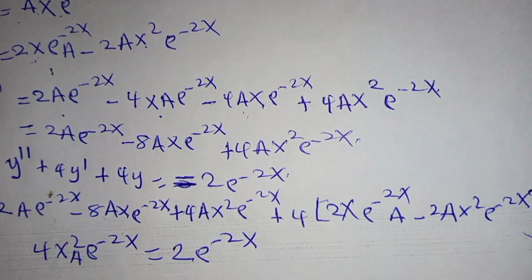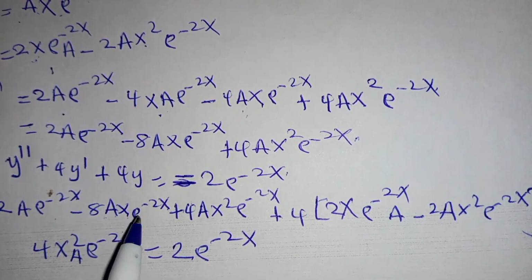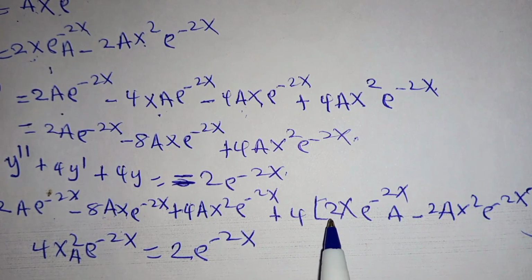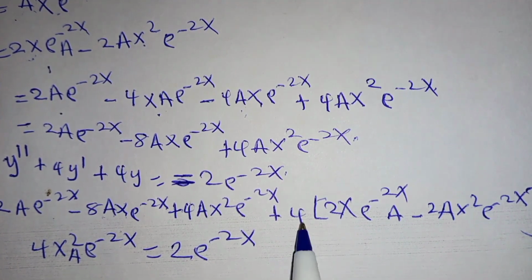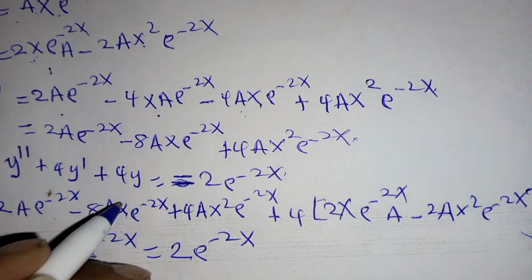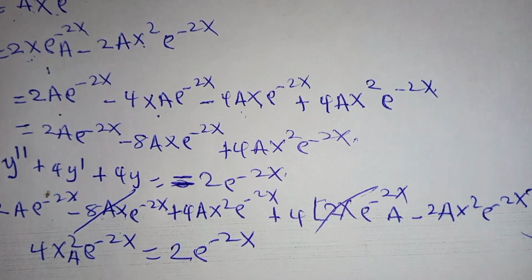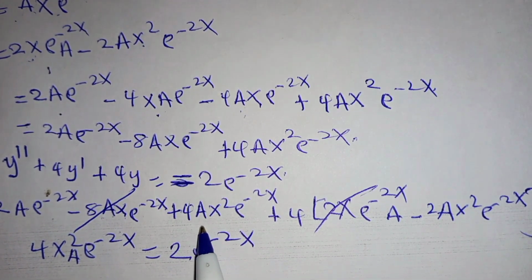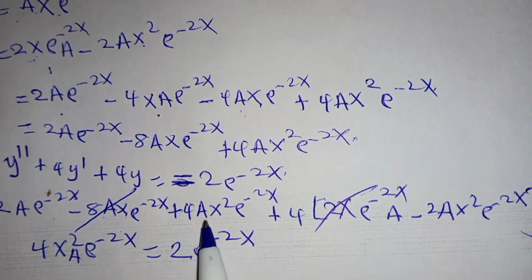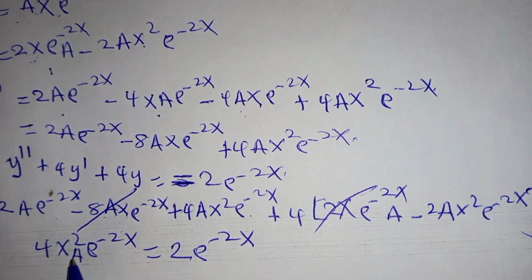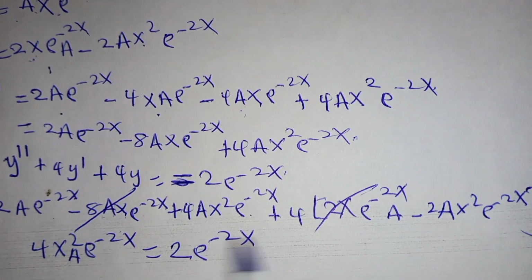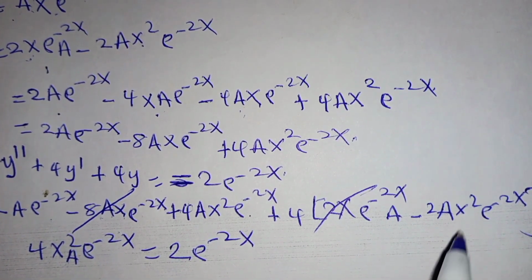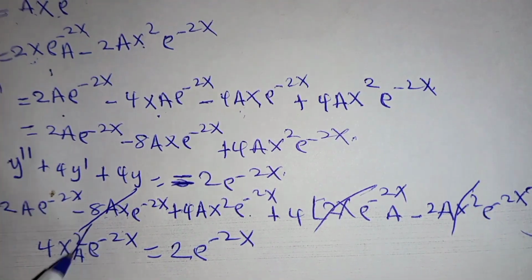When you observe this keenly, you have here 8ax exponential negative 2x, and here you have 4 multiplied by 2ax. So this will be negative 8 and positive 8. This part will cancel with the other part. Then you have 4ax squared and this other part, which is negative 4, so that part will cancel.